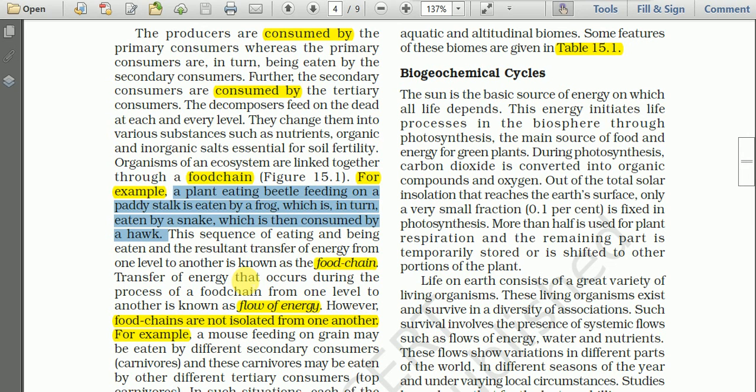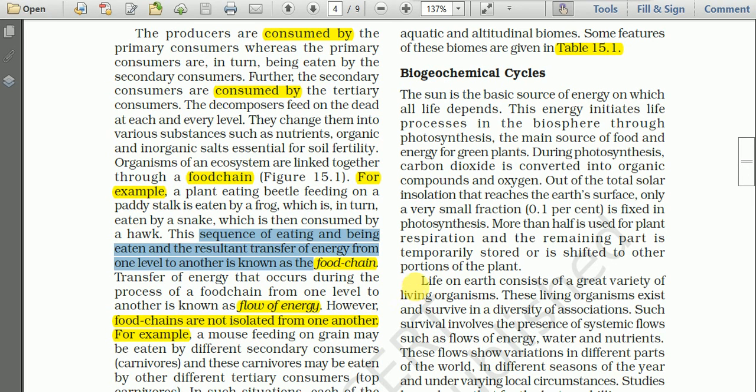And this sequence of eating and being eaten and the resultant transfer of energy from one level to another is known as a food chain. What is food chain? The sequence of eating and being eaten and the resultant transfer of energy from one level to another is known as a food chain.